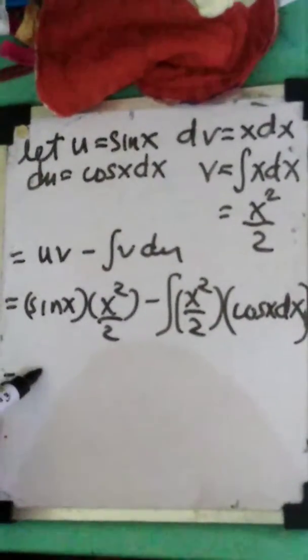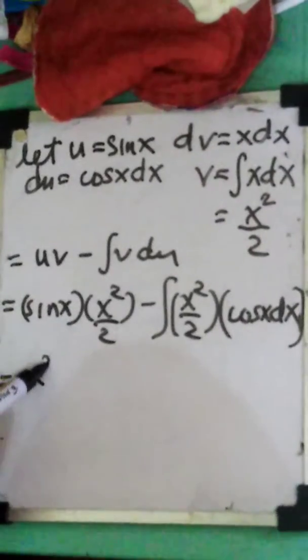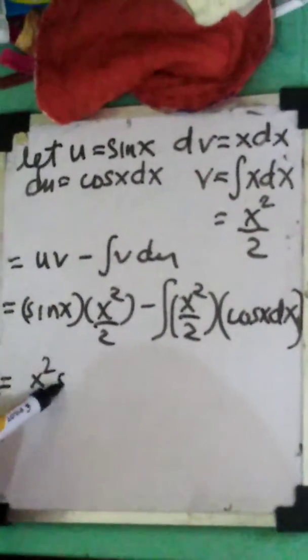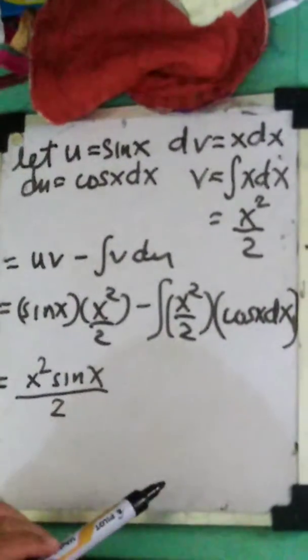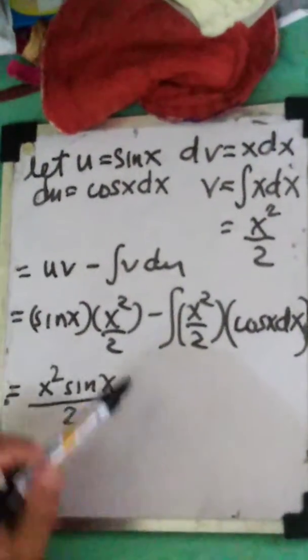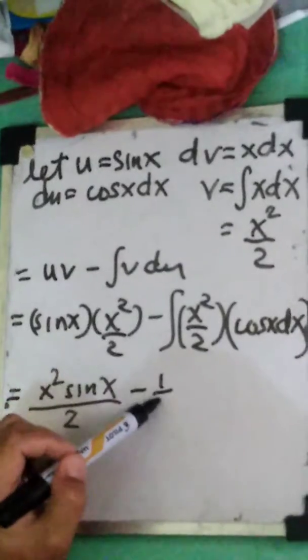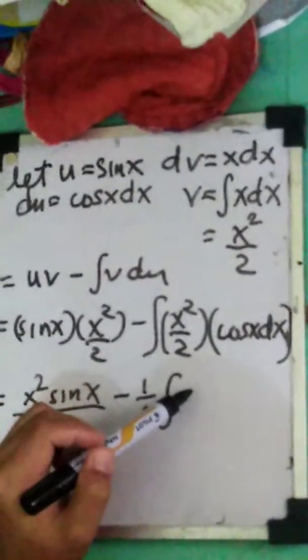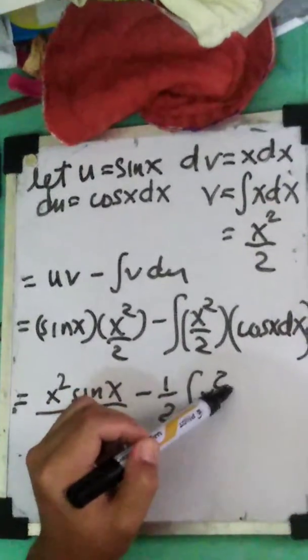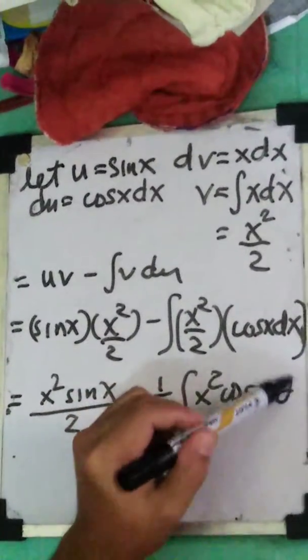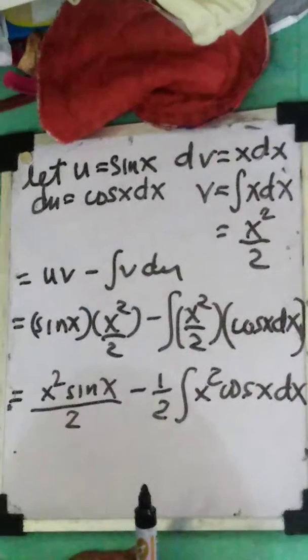Simplifying, we have x squared sine x all over 2 minus the constant 1/2 times the integral of x squared cosine x dx.